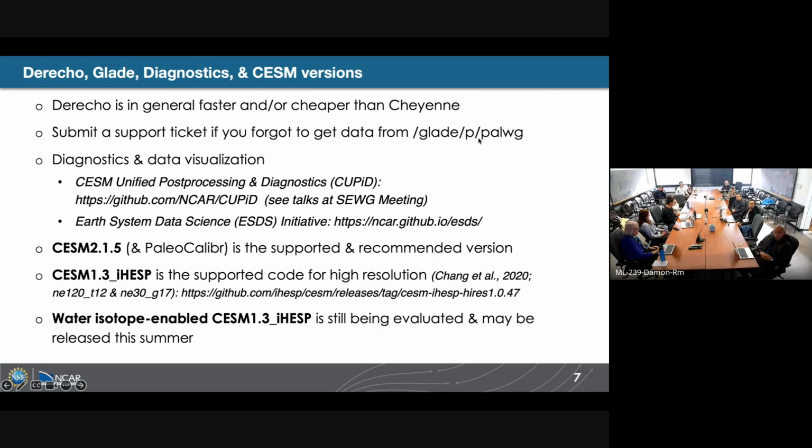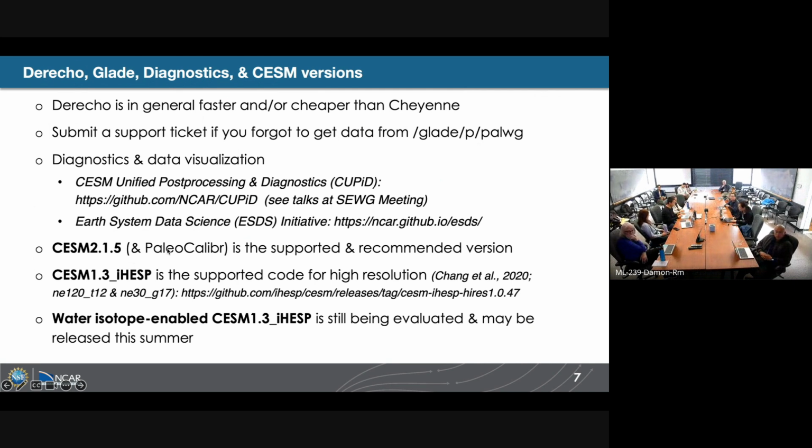There are a few initiatives on model diagnostics and data visualization, including this new diagnostic package, and see the talks at the software engineering working group meeting in a few days. And I also find the Earth System Data Science Initiative website very helpful. For example, you can find their blogs documenting how to visualize the model output from CAM-SE. So check it out if you are interested.